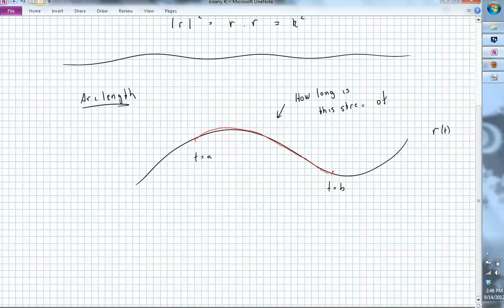How do you spell stretch anyway? S-T-R-E-T-C-H? Yeah, there we go. How long is this stretch of curve? And we can provide a fairly nice answer using calculus, using integration.